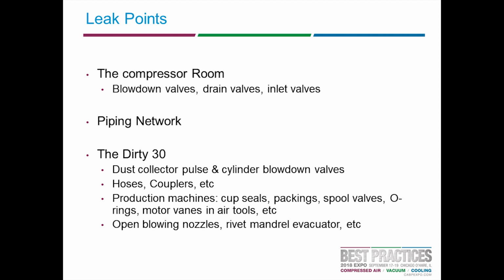Those rubber seals crack or fracture, causing leakage internal of the valve. Then of course there's many O-rings that help seal faces of air motors, gearboxes, whatever it may be. Then motor vanes internal of air tools. As they wear, air seeps by those vanes, causing internal leakage.